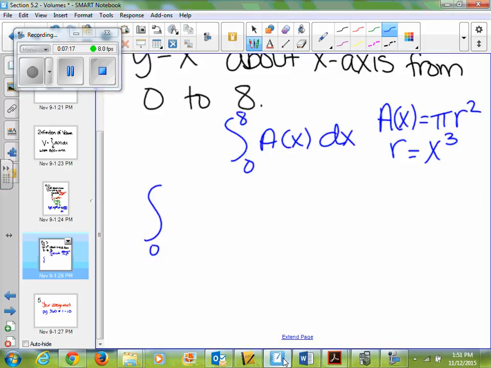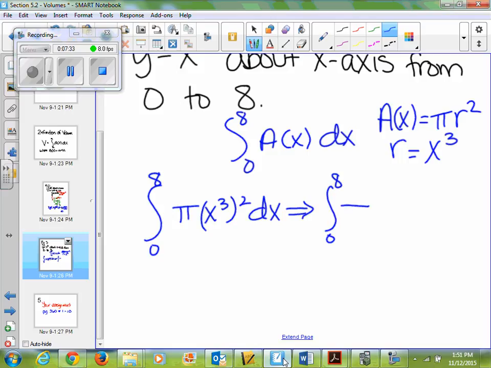So I'm going to integrate from 0 to 8 pi x cubed squared dx. Okay, well, what's x cubed squared become? X to the 6th. So this becomes pi x to the 6th dx.